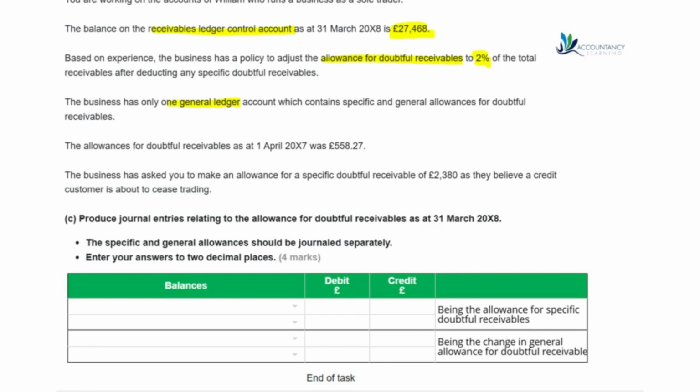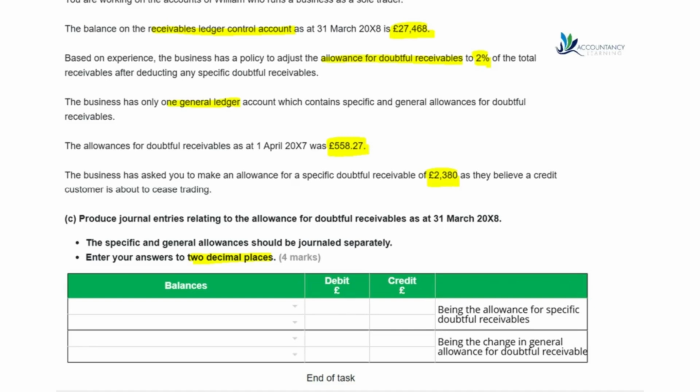The allowance for doubtful receivables at the 1st of April was 558.27. The business has asked you make an allowance for a specific doubtful receivable of 2,380 as they believe a credit customer is about to cease trading. We need to produce the journals relating to the allowance for doubtful receivables and journal the specific and generals separately and work to 2 decimal places.